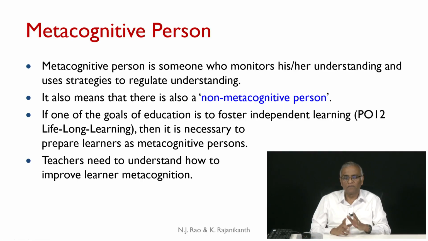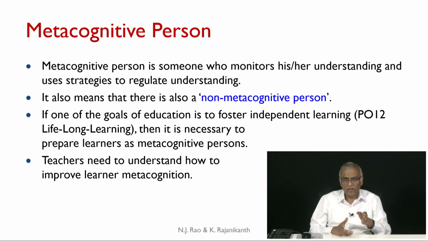A metacognitive person is someone who monitors his or her understanding and uses strategies to regulate understanding. So one is, you should be able to monitor, and the other is to use strategies to regulate understanding. It also means that when there is a metacognitive person, there is also a non-metacognitive person.